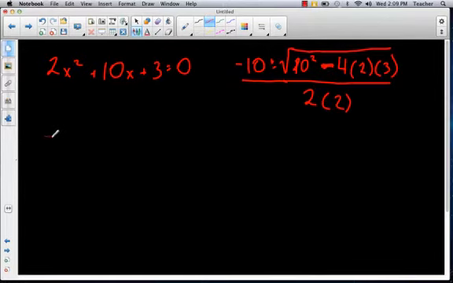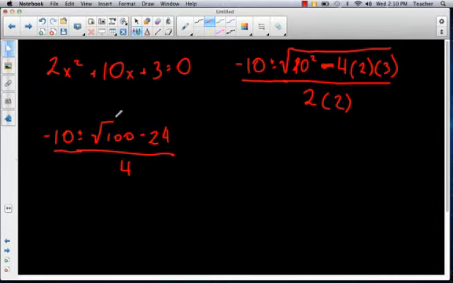Now, after this has been simplified, it's going to be negative 10 plus or minus the square root of 100 minus 24. So 100 minus 24, and that'll be over 4. Now, like I said, if you need to do this at a little bit of a slower pace, that's totally understandable, and nobody's going to judge you for it.